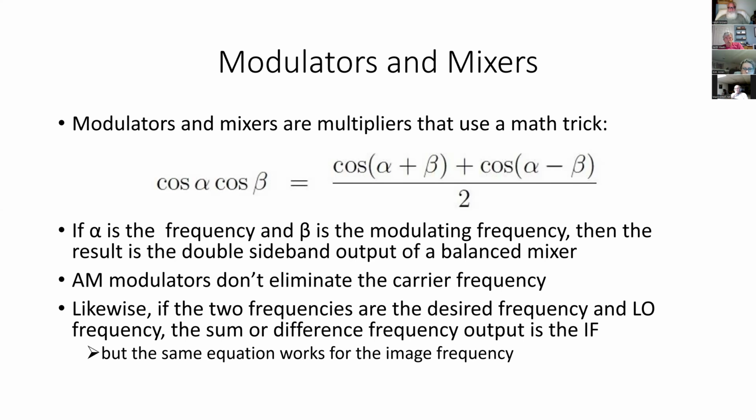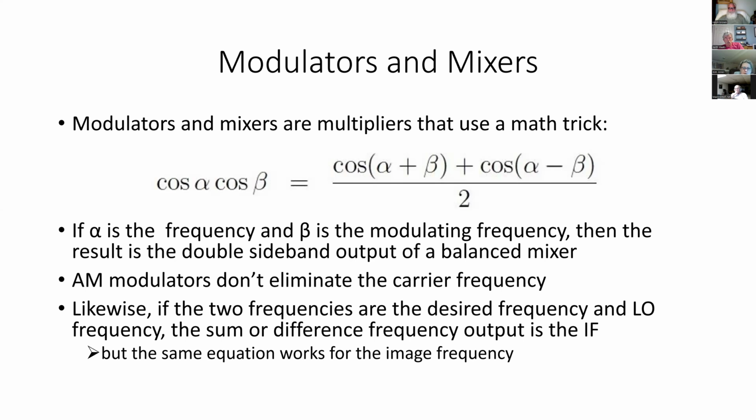But you've got to keep in mind that mixers work the same for both the frequency range that you want to convert to the intermediate frequency and the image frequency range.